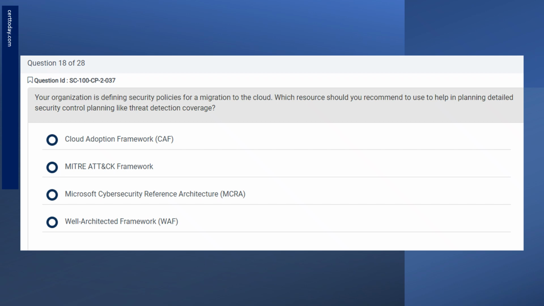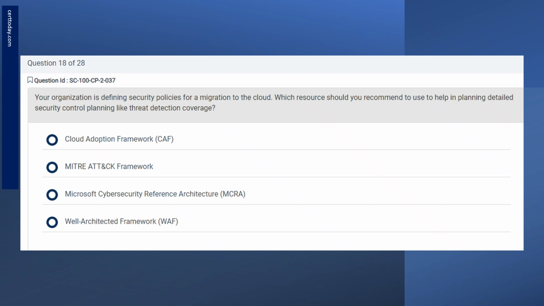Question 18. Your organization is defining security policies for migration to the cloud. Which resource should you recommend to use to help in planning detailed security control planning like threat detection coverage? A. Cloud Adoption Framework or CAF. B. MITRE ATT&CK Framework.